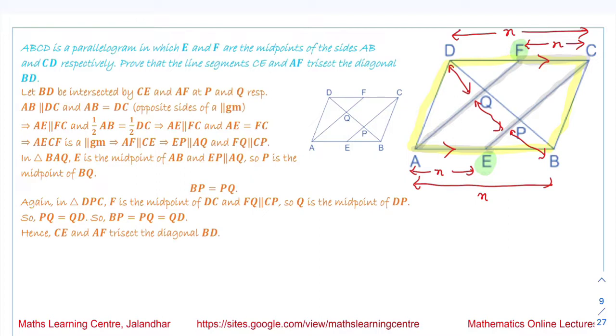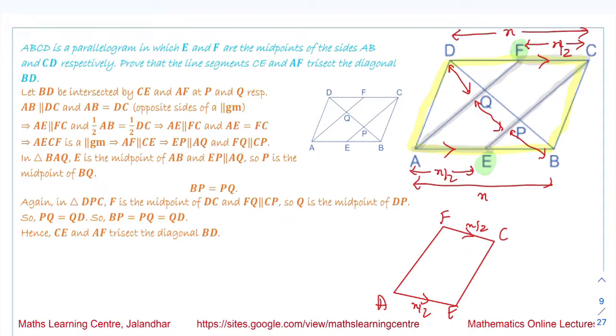So what we get is, if we look at this figure over here, we are talking about A, E, C, F. We have these two sides, their length is x by 2, x by 2, and both these sides are parallel to each other.